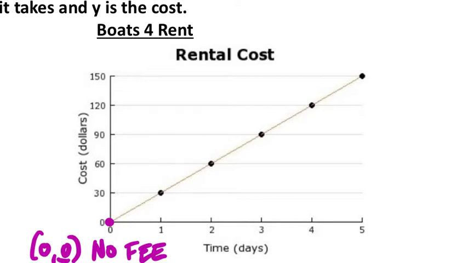I don't think you care, but the reason why this is important is because now when I look to find my slope, all I got to do is find the value of y where x is 1, okay? So I see that that's 30 for my y. That's $30 for 1 day.